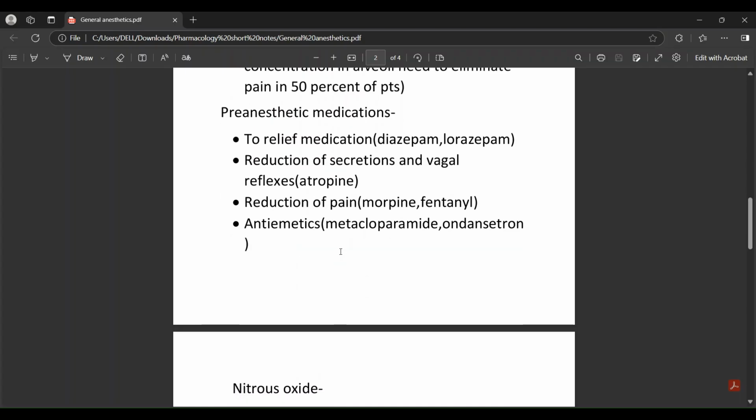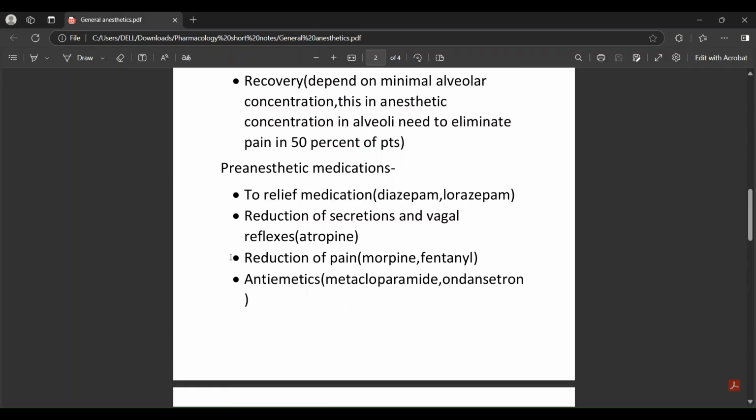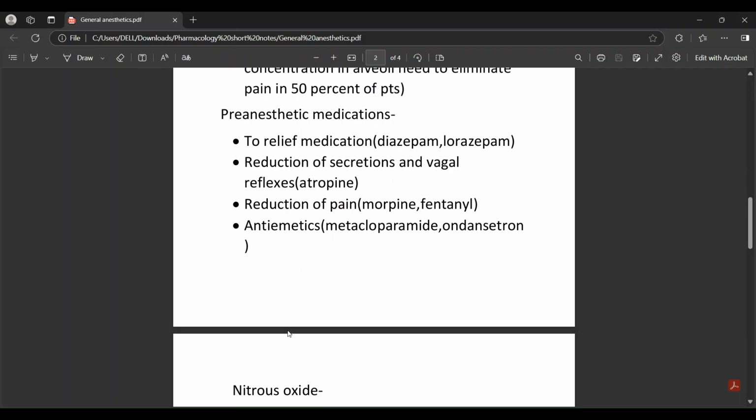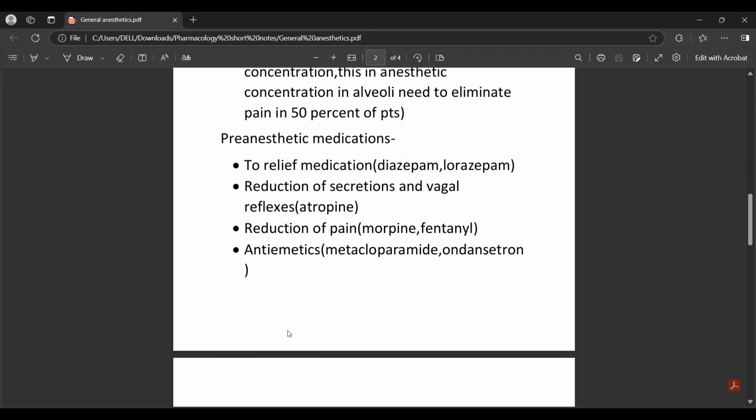As pre-anesthetic medication, we usually don't introduce only nitrous oxide or gases into the patient's body. In major surgeries, we use some pre-anesthetic medications, such as to relieve anxiety, where we use diazepam and lorazepam.